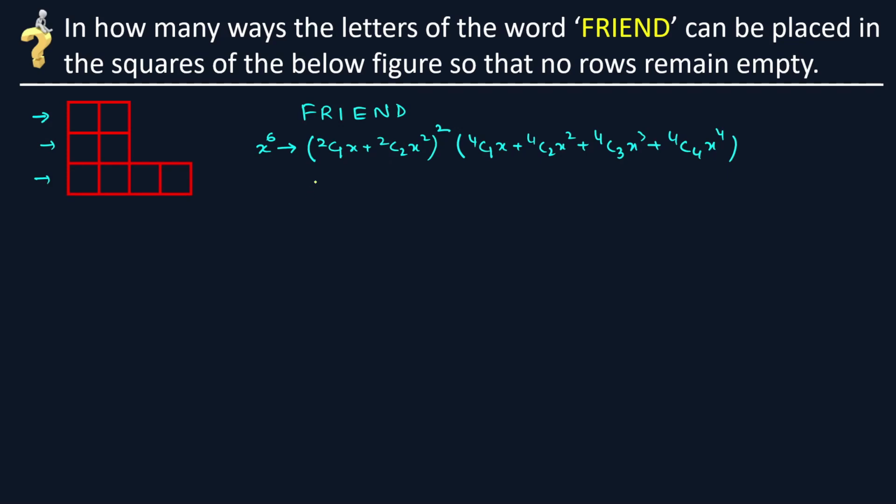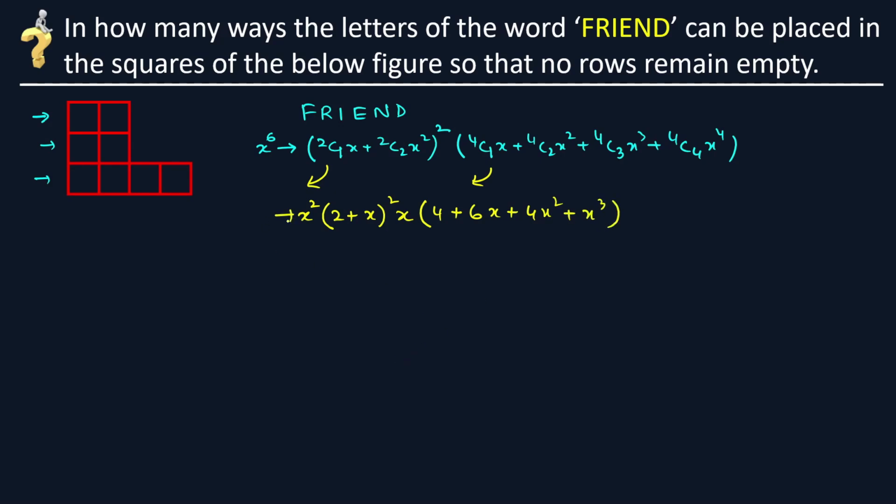So let me just take out x from here and x from here. So outside there will be x square. This is 2c1 is 2 plus x whole square, and x is coming out. It's 4 plus 6x plus 4x square plus x cube.